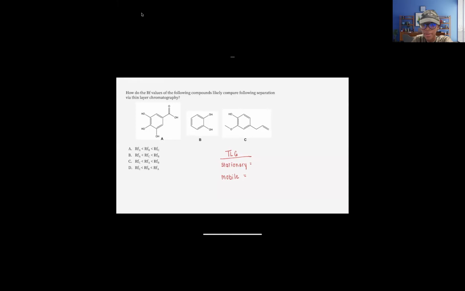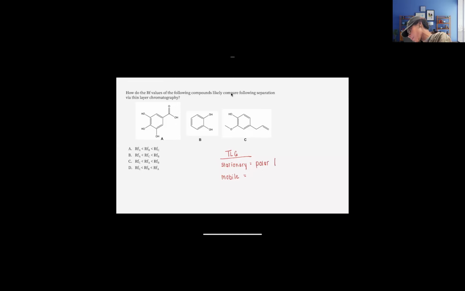Does anyone remember? Okay. So in thin layer, yes, the stationary phase is polar.